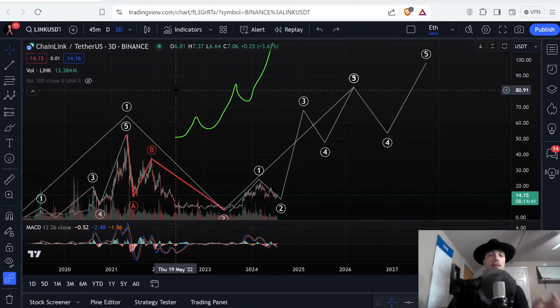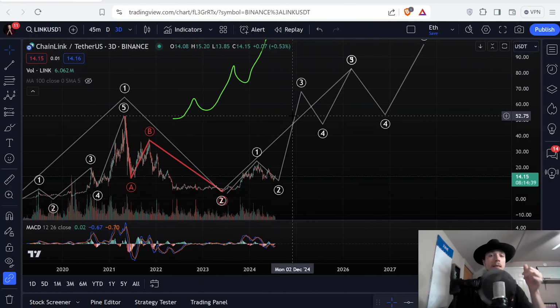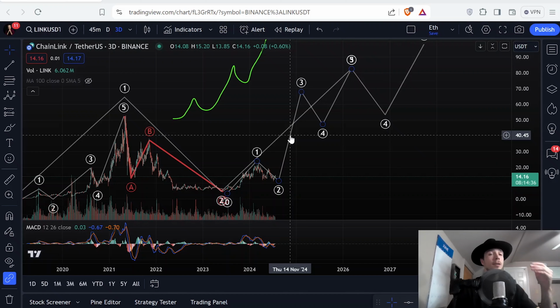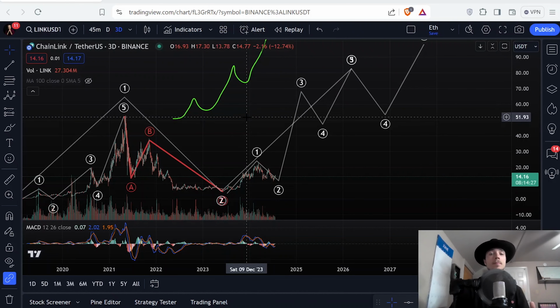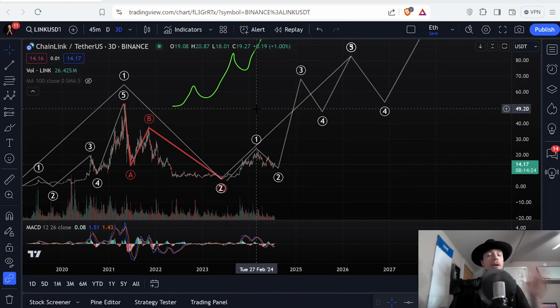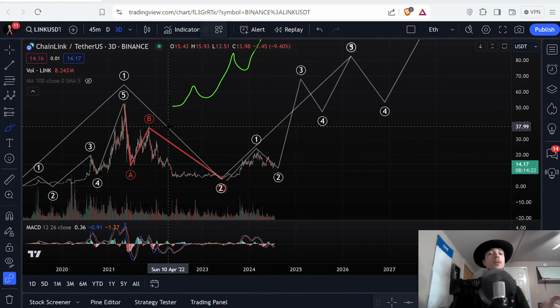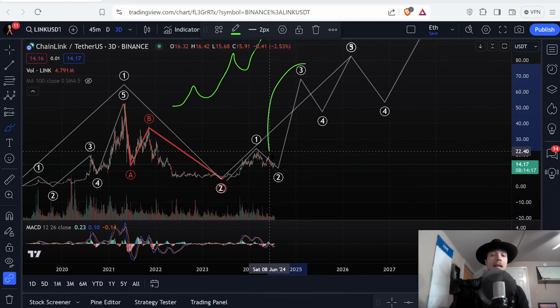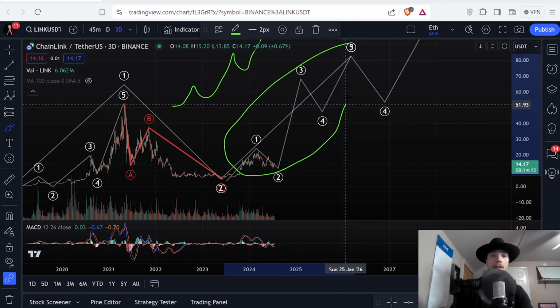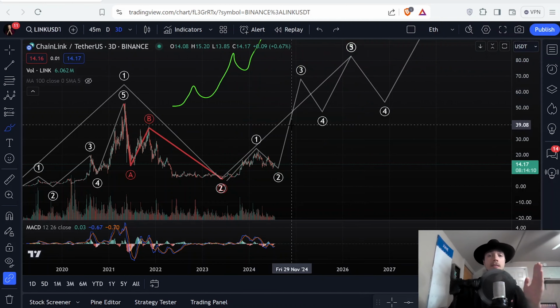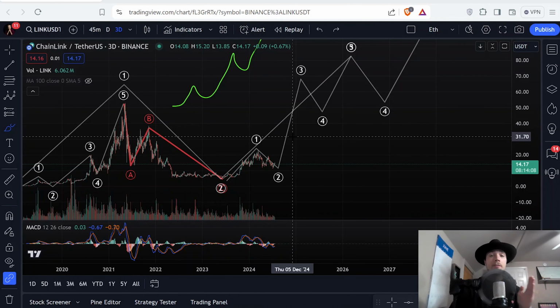So when you get two wave 3s, a subwave 3 and a major wave 3 stacked on top of each other, that's where you get these really, really powerful impulsive moves. Because 3 waves are already impulsive. So when you get 2 of them stacked on top of each other, a subwave 3 and a major wave 3, like right here, it's going to be impulsive. It's going to be very bullish, very vertical.